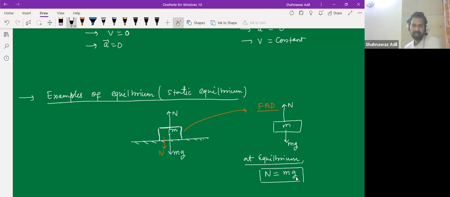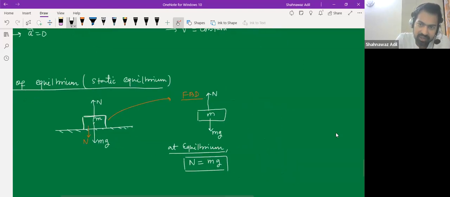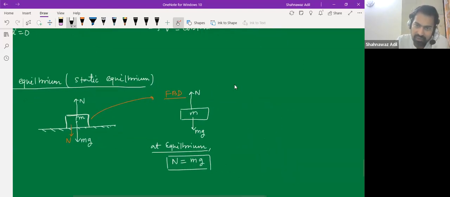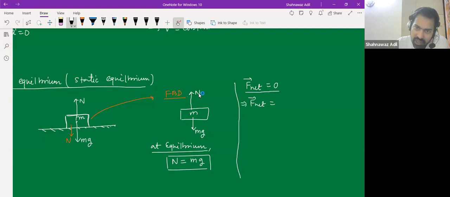Okay, and if I tell you the net force is zero, so you guys know that F net is zero, right? We can also understand it in this way. What would be F net? F net would be N, and what is the direction of this N?